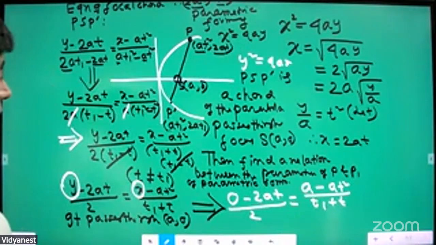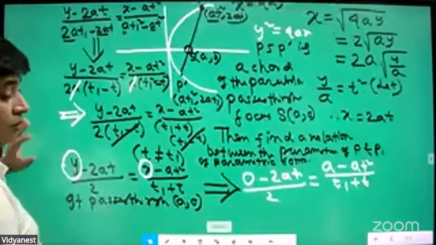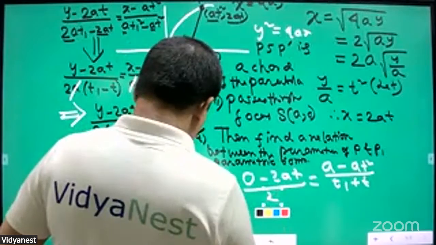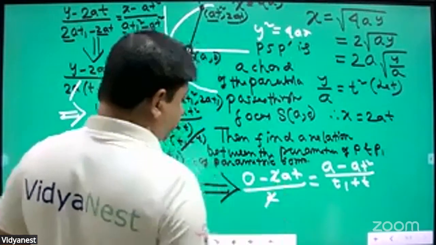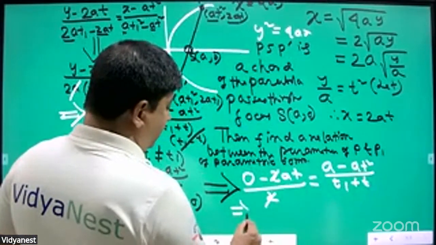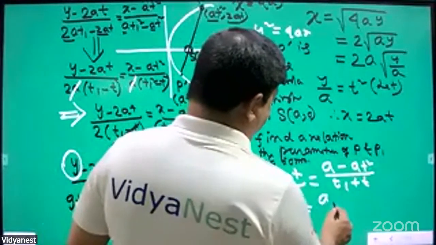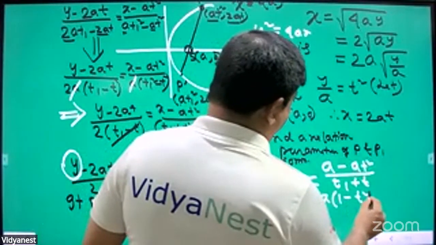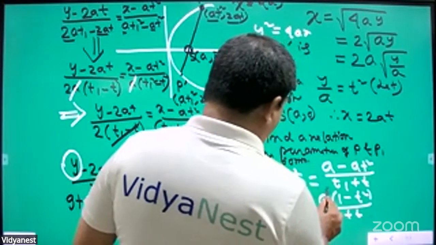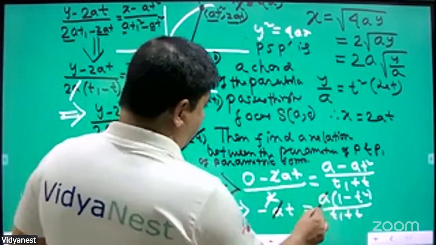Now, from numerator and denominator, what can I cancel? What more simplification is waiting for us? I can cancel 2 from the right hand side. So what will be left for us in the left hand side? Minus at. Take a common, 1 minus t square, t1 plus t. A cancelled. Cross multiply.